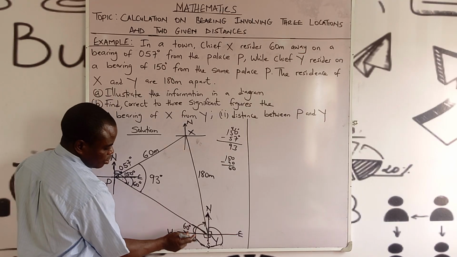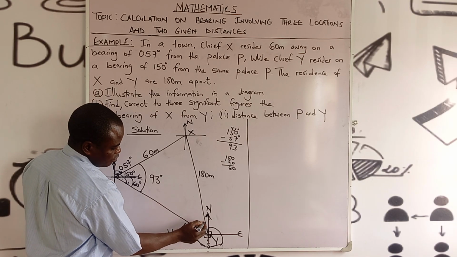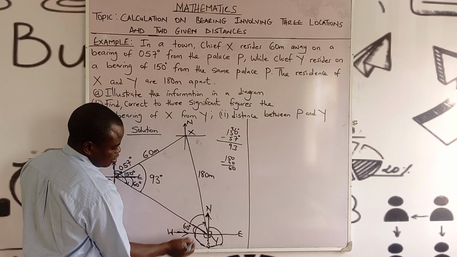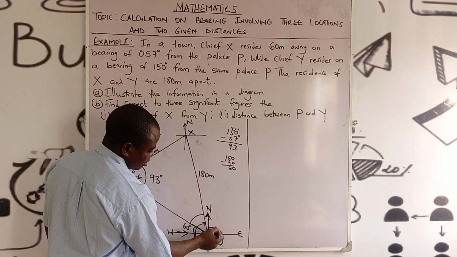To get to this point, you are going to get this angle likewise, so that we add it to 60, 90, 90, 90.